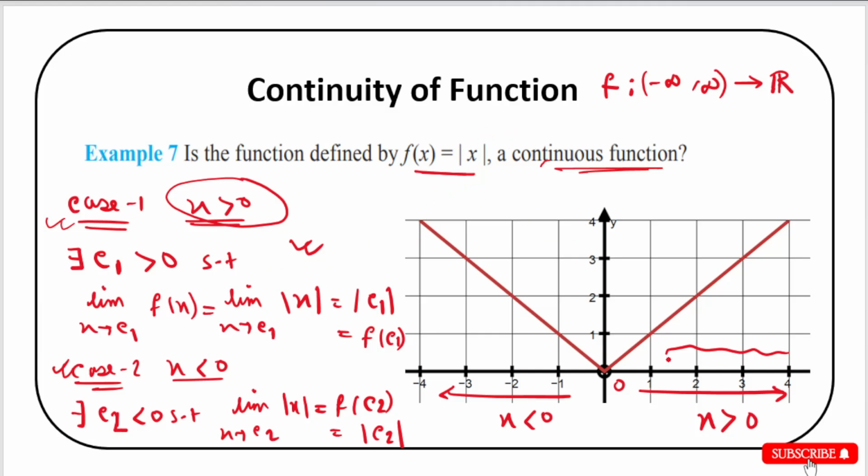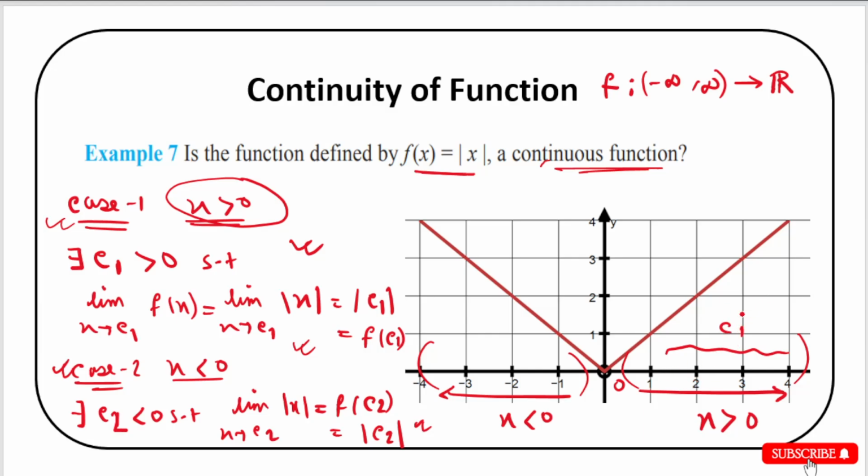You can take any value, take 1, 2, 3, 4 or any value in decimal, you will see that these conditions hold true. And why I am choosing these random numbers, because I have to show that in this interval and in this interval the function is continuous. So you are randomly picking up values.